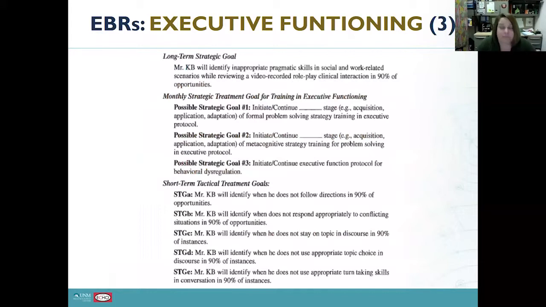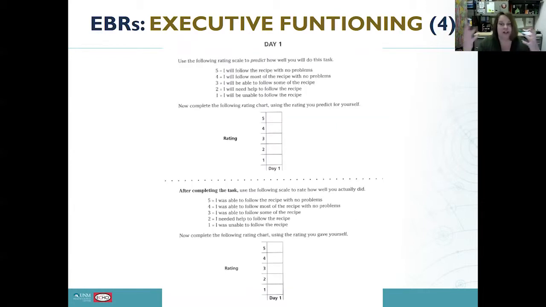The next one is identifying, again, metacognitive work, identifying in conversation when certain strategies didn't work, identifying when they did not stay on topic, when they didn't use an appropriate topic choice, and when they didn't take turns appropriately. So these are straight out of the executive functioning cookbook, but they're about communicating. And so a perfect way to make sure that that gets represented well across all of our disciplines.